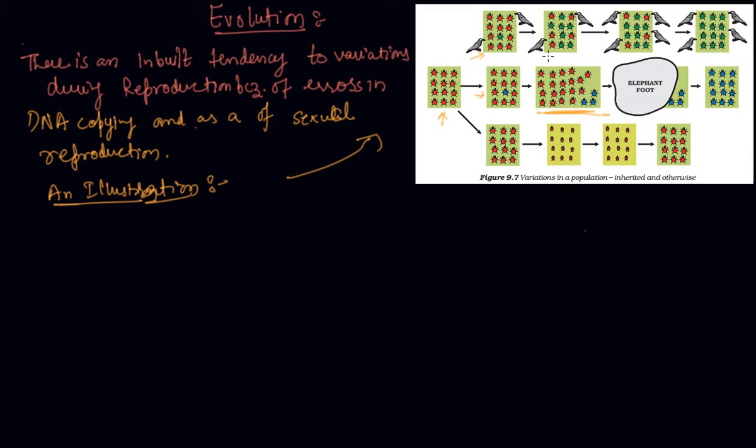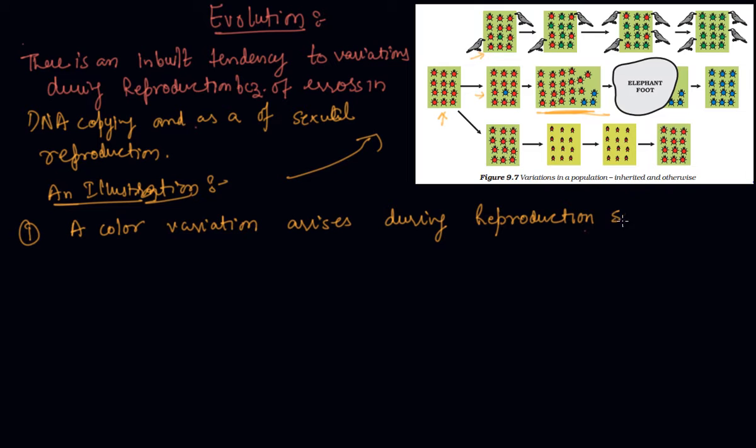So now let us think about different situations that can develop in this beetle population. First situation is a color variation. A color variation arises during reproduction, so that there is one beetle that is green in color instead of red.